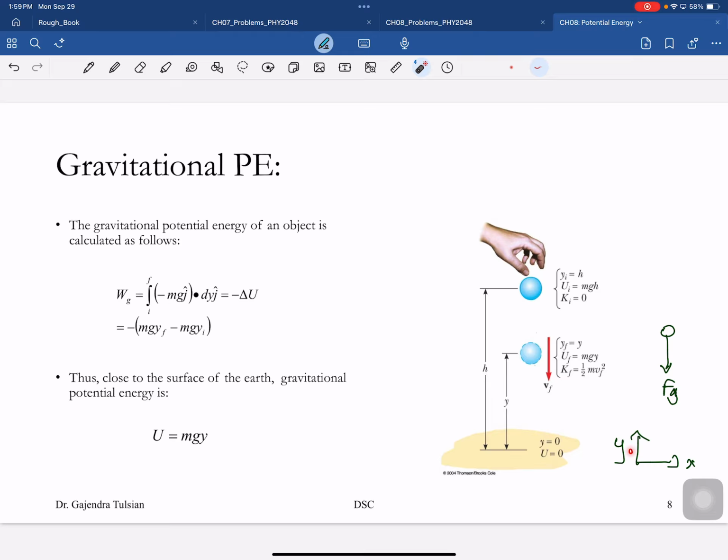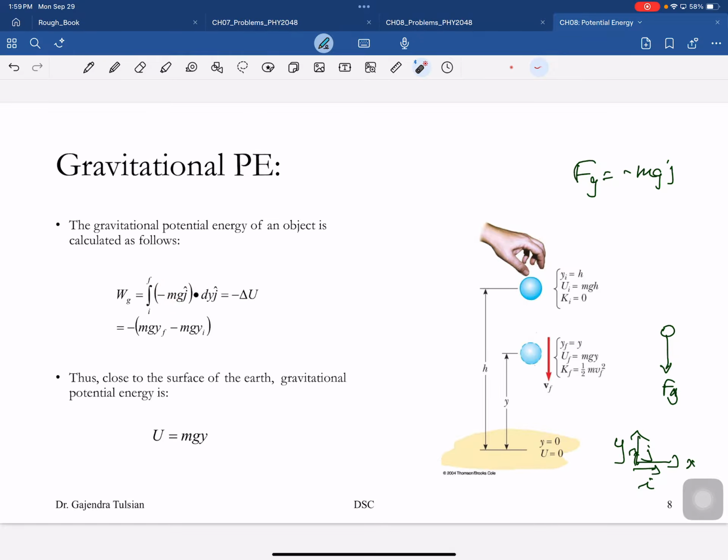The unit vector j is in that direction, and there's the unit vector i. And so the force is minus mg j.